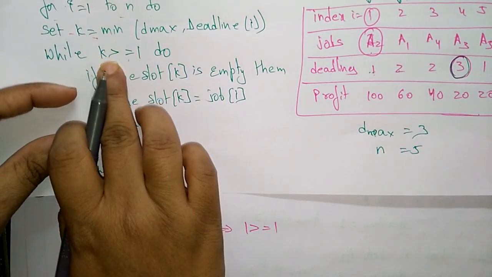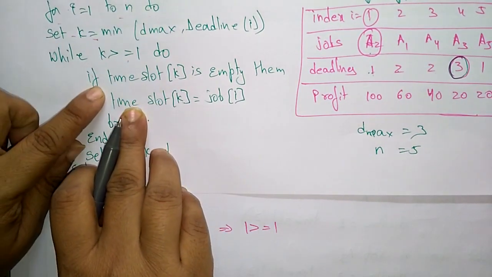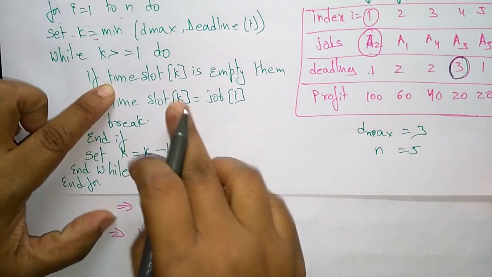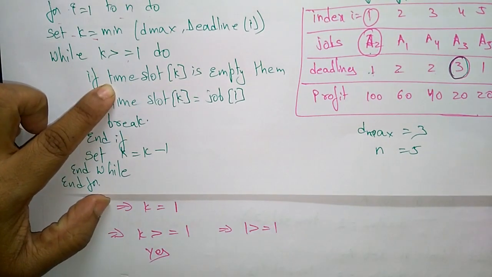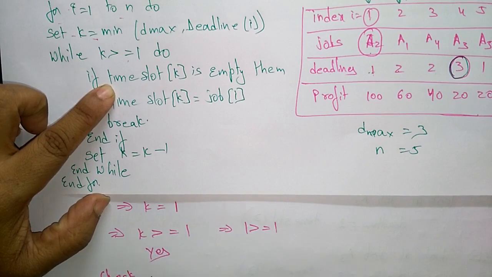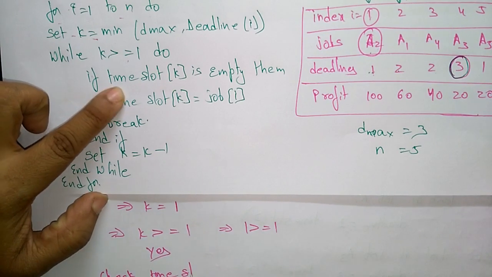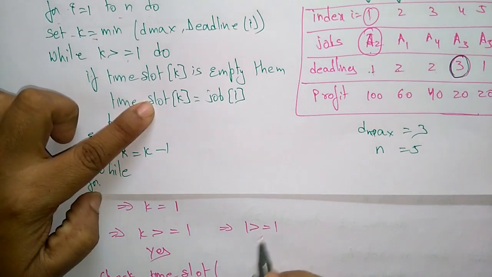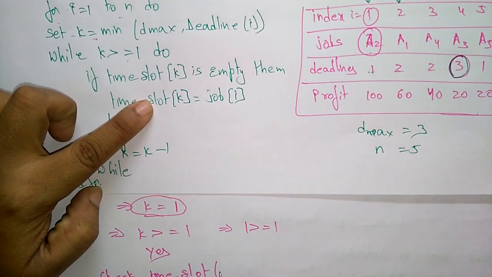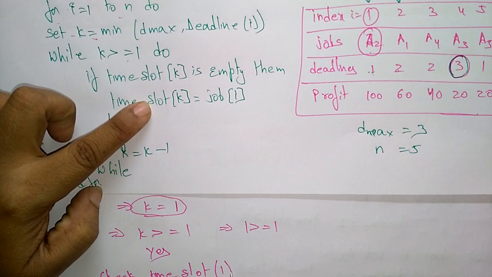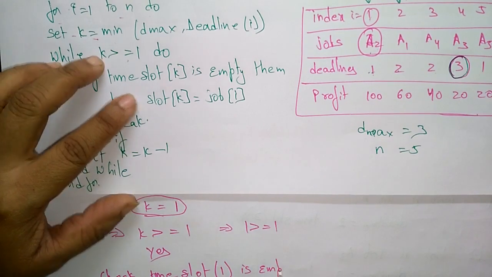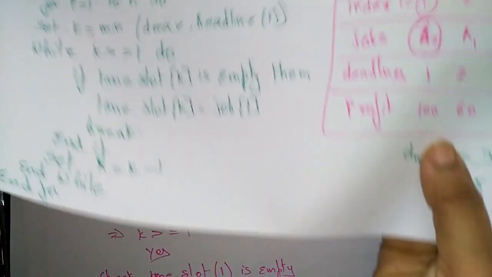Whenever this condition is true, you have to enter this while loop. Then you have to check the time slot of K. K is 1, right? Is the time slot of 1 empty or not?